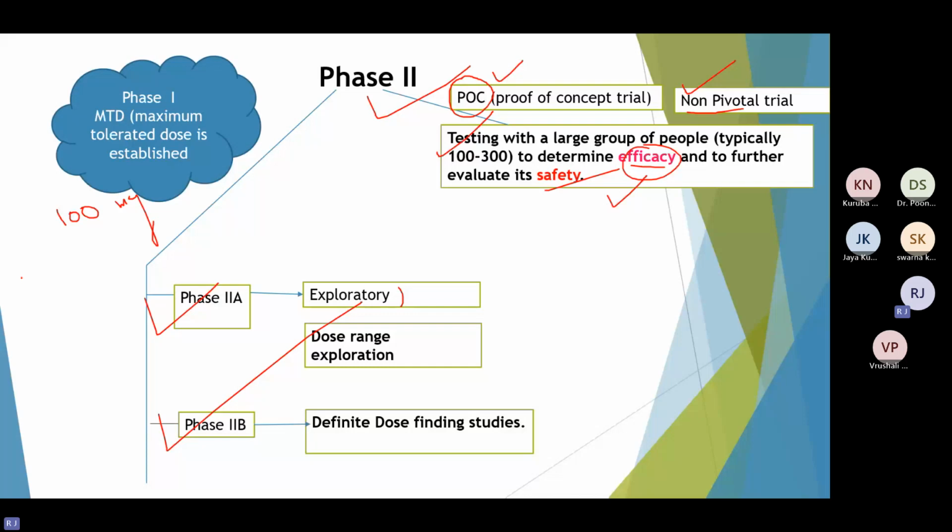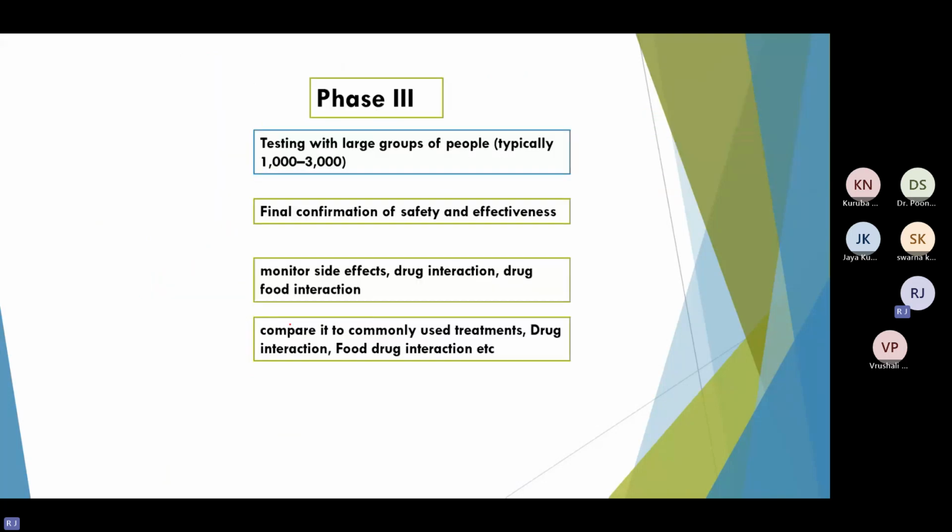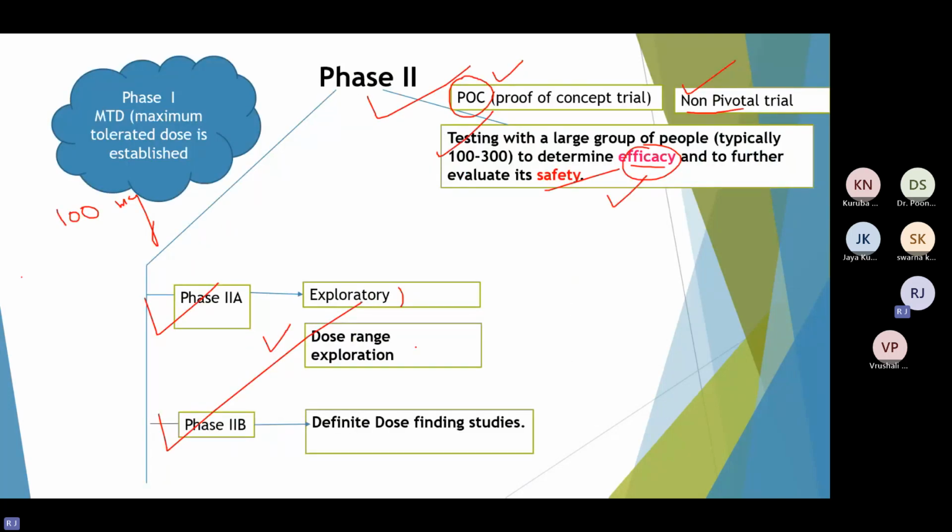We give the drug from 10 to 100, and we try to see whether that dose is having any effect. For example, if we are testing an anti-tumor drug, then we will give that subject 10 mg, 20 mg, 30 mg, up to 100 mg. We cannot give more than 100 mg because in phase 1 we have determined this. After MTD, the drug will be very toxic. That's why it is the maximum tolerated dose, right?